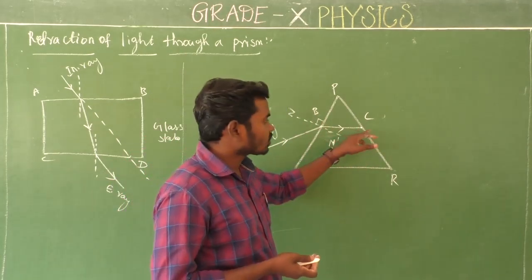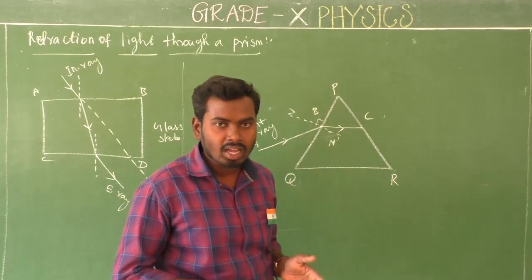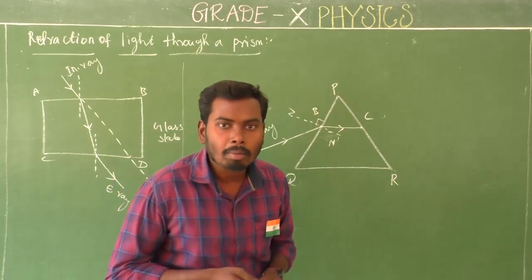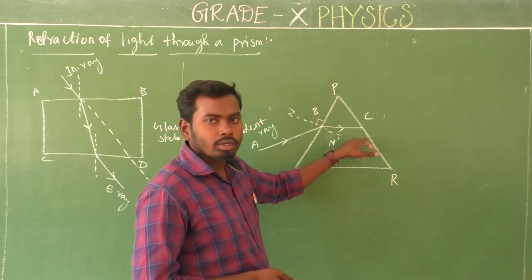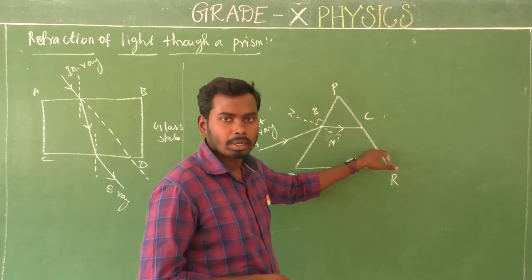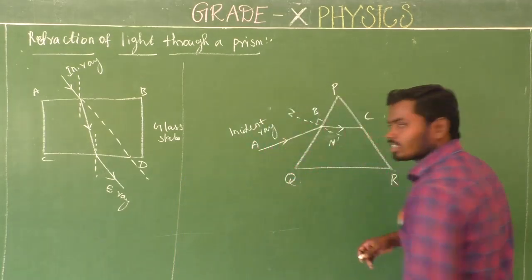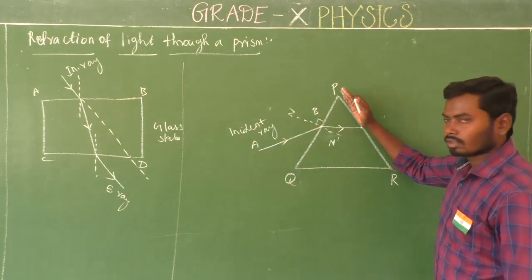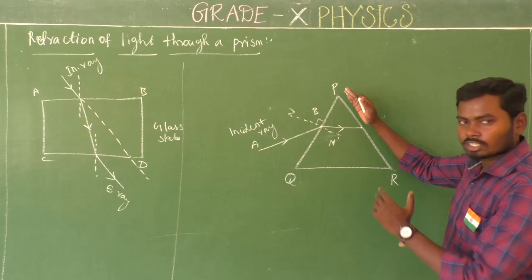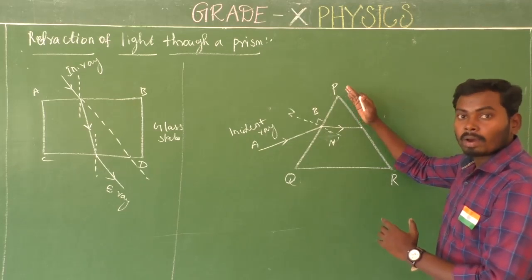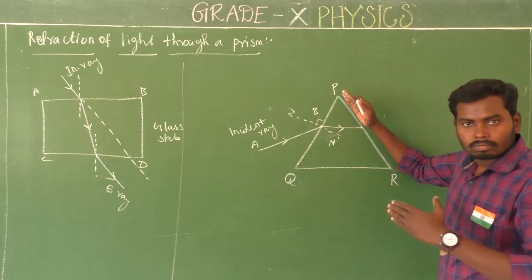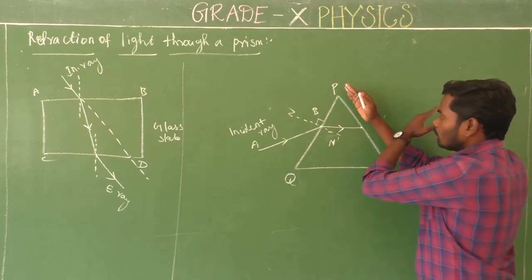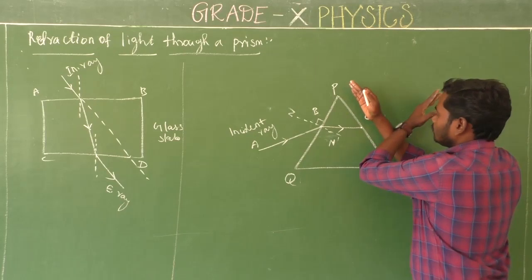Along with point C, draw the normal line. What is the normal line here? The normal line is the perpendicular line to the surface of the glass prism, the second face of the glass prism. The perpendicular line should be straight, like this.